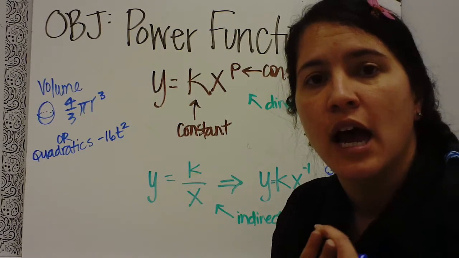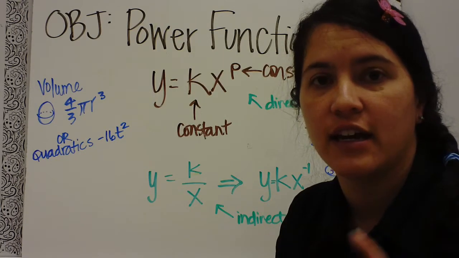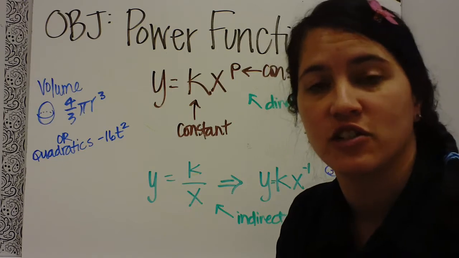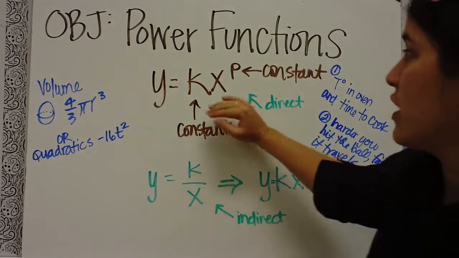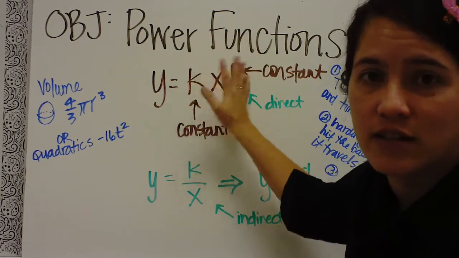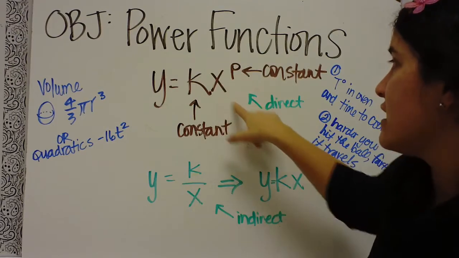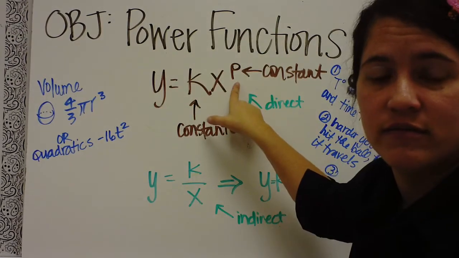There are two categories of power functions. There's going to be a direct and an indirect, kind of like direct variation, indirect variation. If it's written like this, y equals kx to a power, where k and p are constants, this is a direct variation.